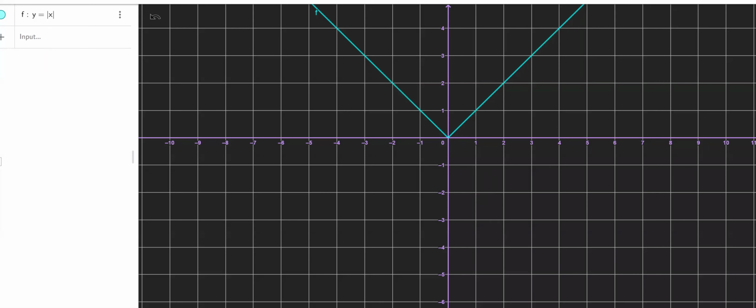Okay, now what will happen if we change the number that is written here? It is 1, but we didn't write it. What will happen if instead of 1 we write 2? What do you think will happen? Now look how the graph will be changed. The graph goes through 1 and 1, 2 and 2, 3 and 3, negative 1 and 1.